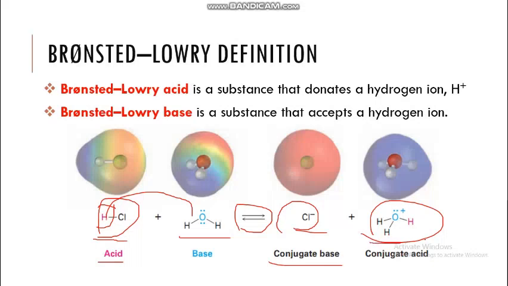Ito namang hydronium ion, this is the product that results when the base gains a proton. Okay, so this is now called a conjugate acid. So acid plus base equals conjugate base plus conjugate acid.